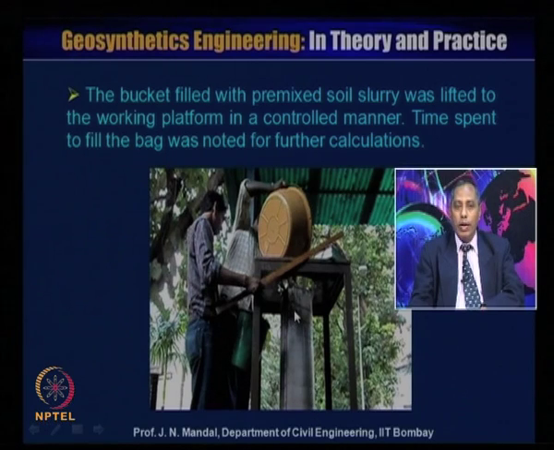So, this is important, because when you are pouring, you also have to measure the time, how much time is required, because you are measuring how much water can discharge from the geotextile tube at a particular time. Here students are pouring this slurry into the geotextile tube.